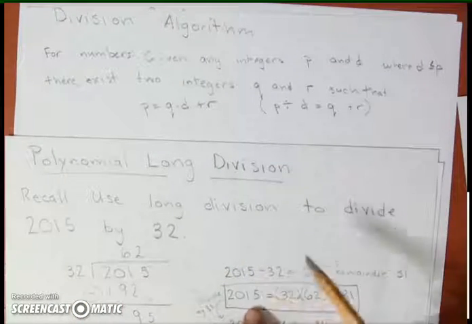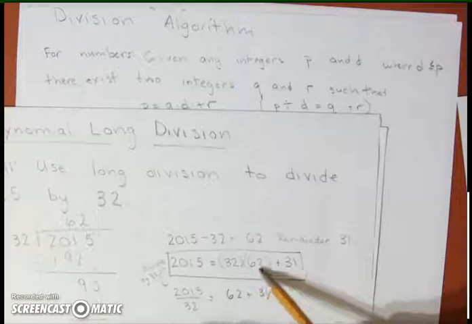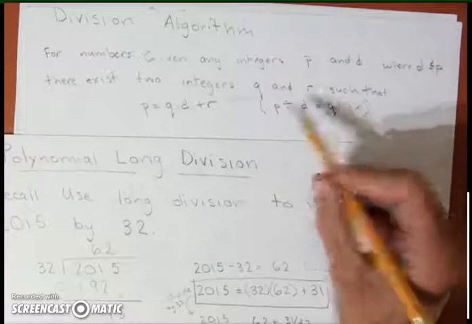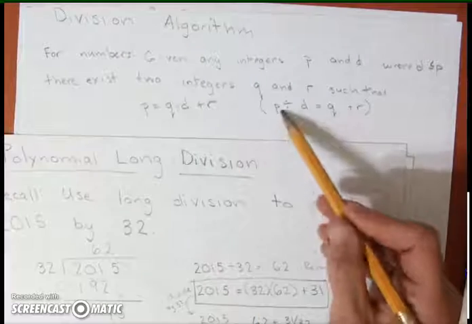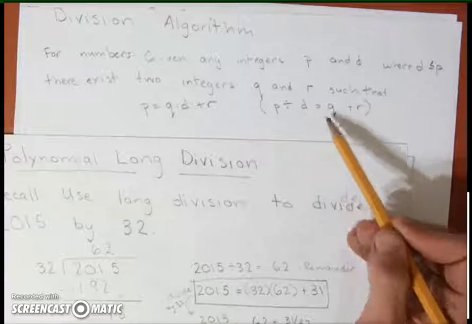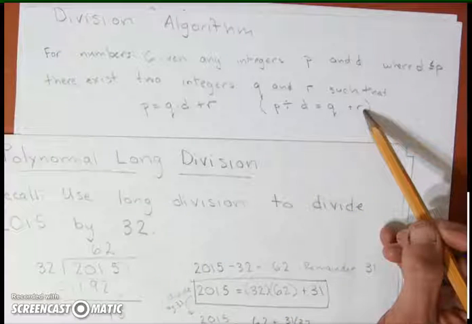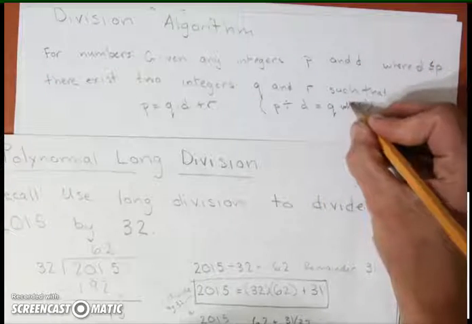So I can write it as 32 times something plus a remainder. In other words, if I take p and divide by d, I get some quotient, this thing, with a remainder.